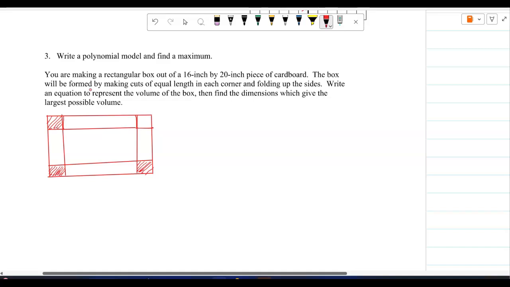And you're making a rectangular box out of a 20 inch by 16 inch piece. So this is 20 inches and this is 16 inches. Correct? And you're cutting this off, means this is x. You're cutting off this square of side x.